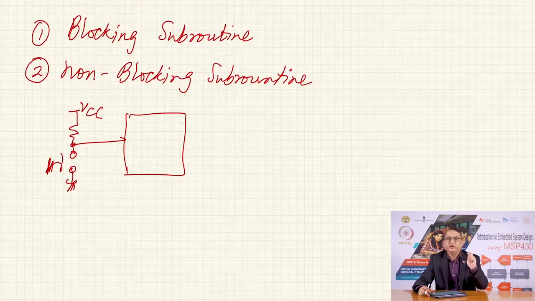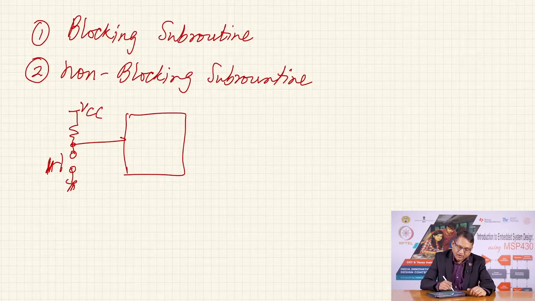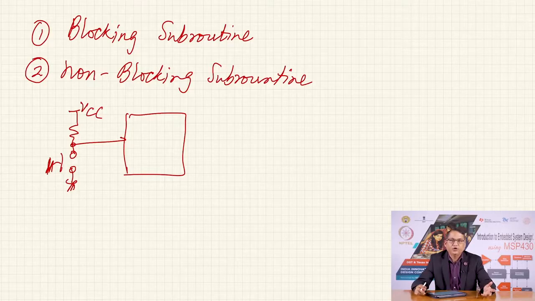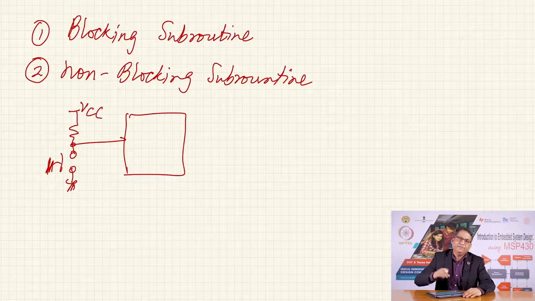The subroutine would have only one return value, in this case that the switch is pressed. If on the other hand I do not press the switch, what is it going to do? It is never going to go back to the main program, and so in that way this subroutine is going to block the program in the main code.